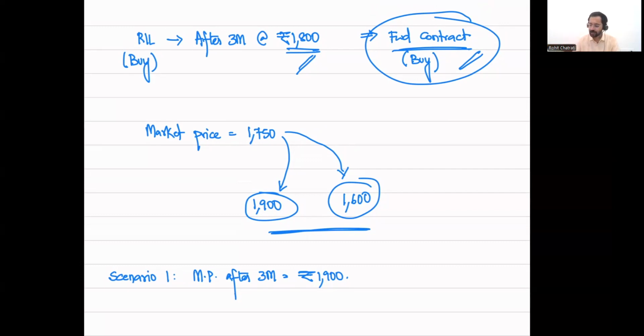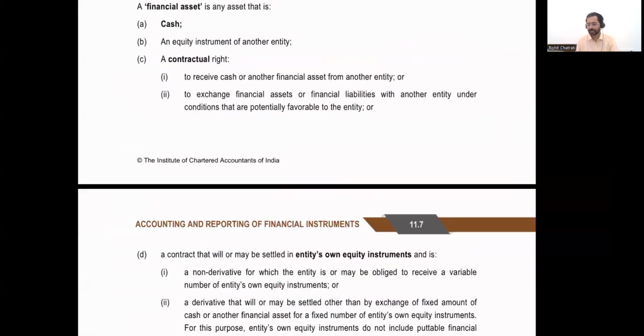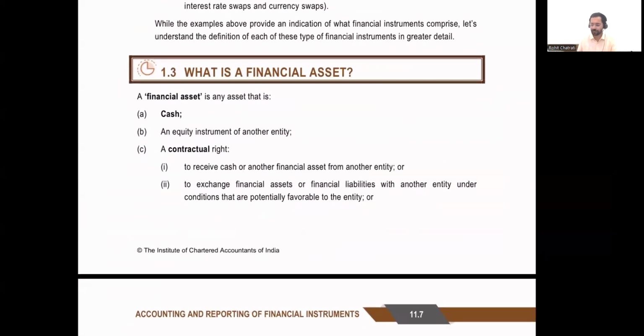Now, let us look at the definition of financial asset. A financial asset is any asset where there is a contractual right to exchange financial assets with another entity under conditions that are potentially favorable to the entity.